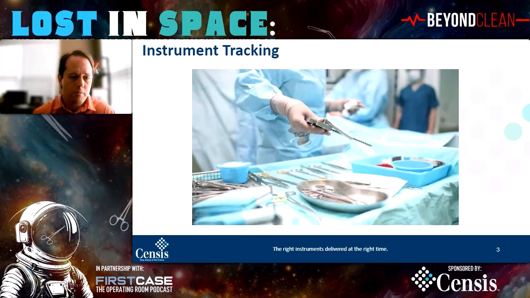When they get a tray up and it's missing instruments, that causes problems. That makes surgeons less happy, and ultimately that means that the patient isn't getting the highest standard of care. So it's really important to try and solve these issues, to understand why are instruments going missing.